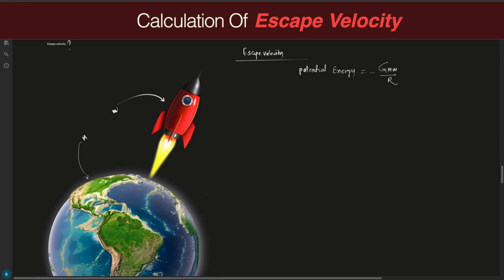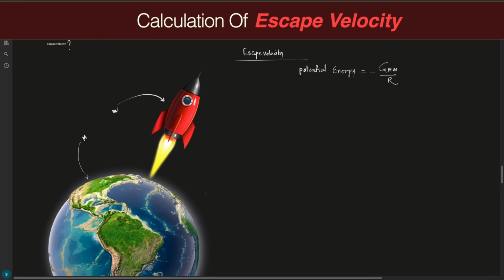Now when that person went outside of the gravitational field, he had to supply an amount of energy which nullifies the potential energy. So from where is he getting that energy? He's getting that energy from the velocity of the plane they have made, right?